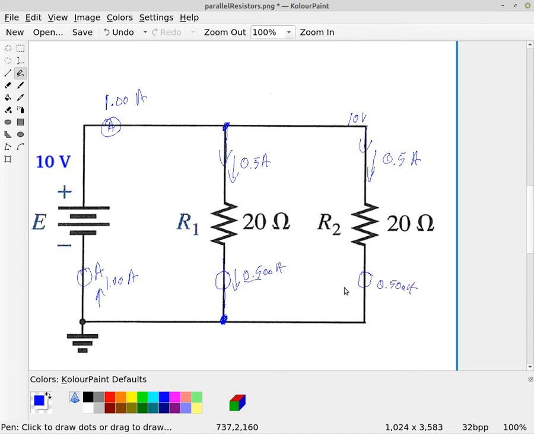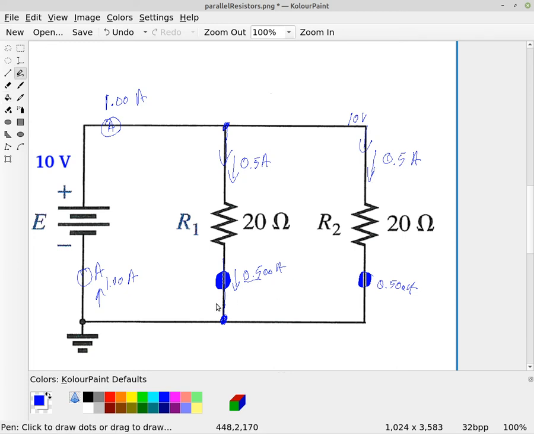Alright, so if we were to put the meter in at either of these spots, we're going to be reading half an ampere.